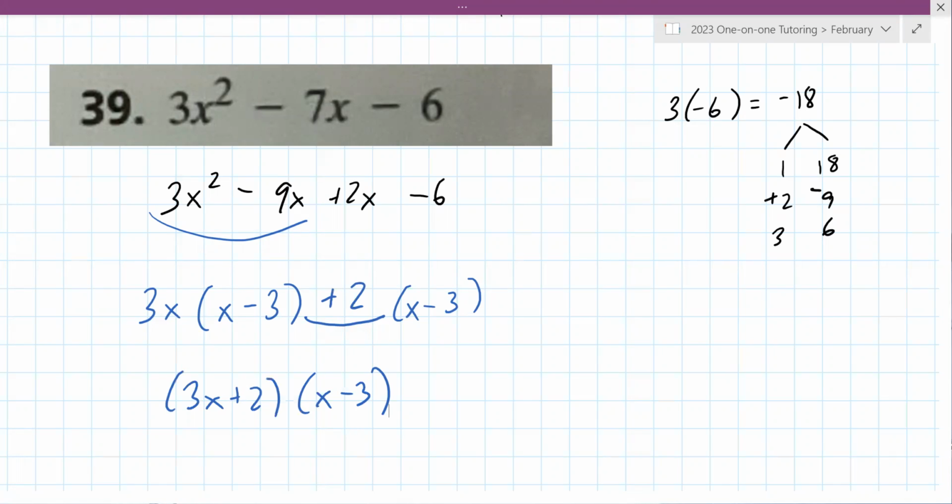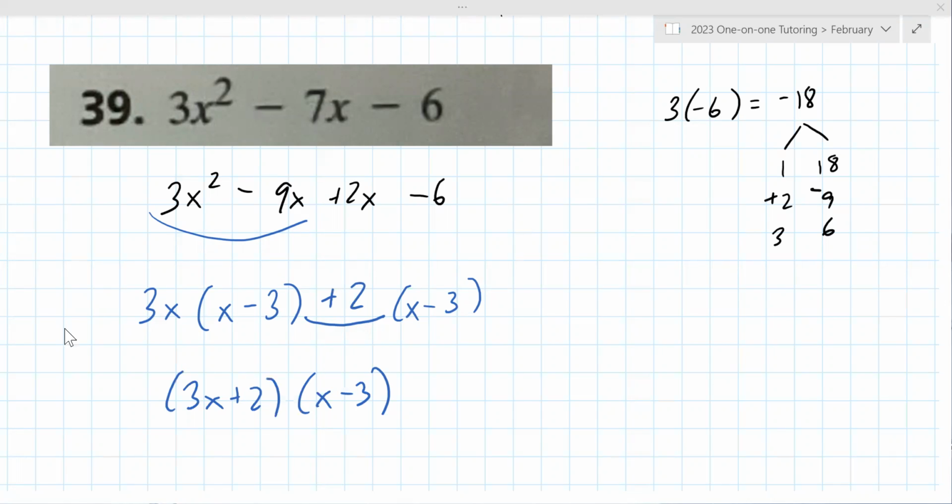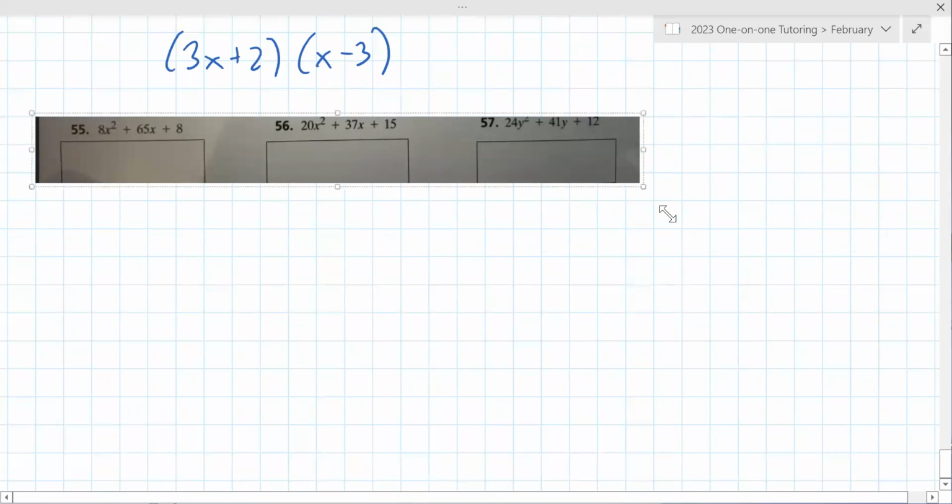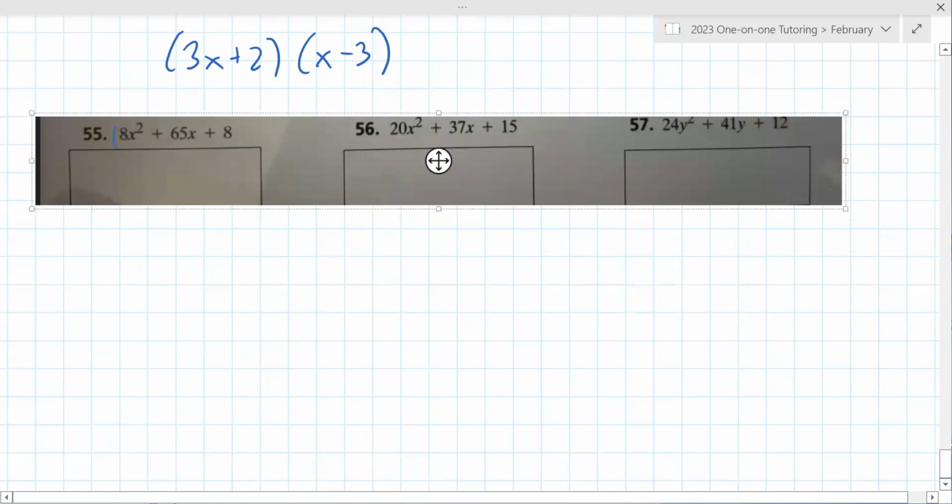Looks like you have a few left for homework. That last row kind of looks the worst because of the big numbers. But again, maybe just using that technique we just talked about, like 8 times 8 is 64. You want to use 1 and 64 to get back to the 65. 20 times 15 is 300.